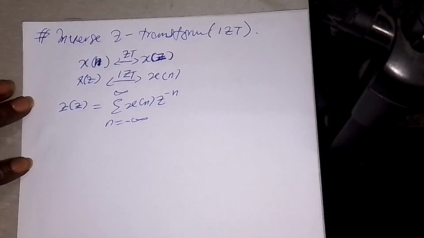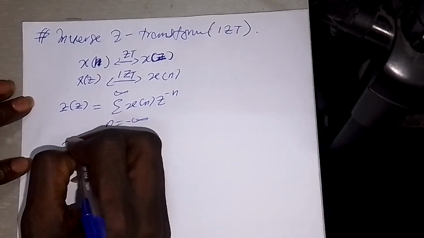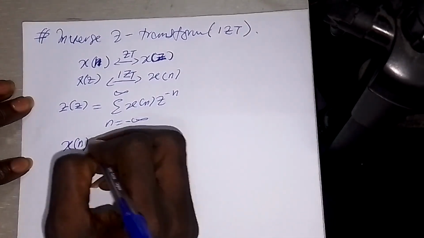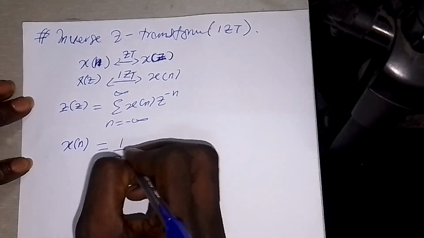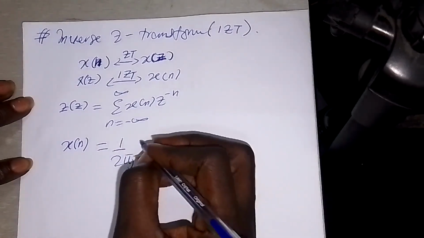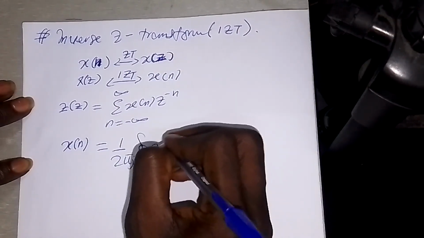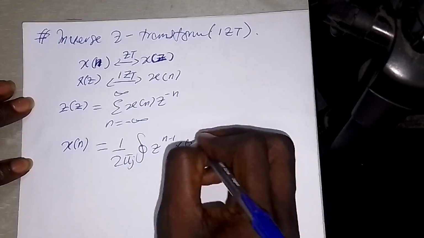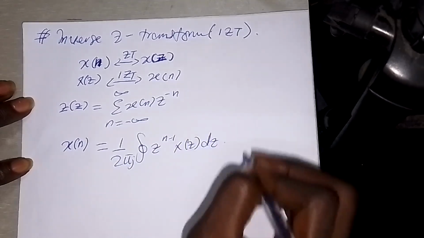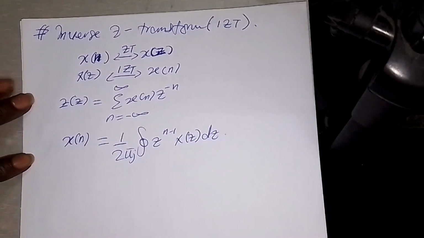Then for the inverse Z transform, we have x of n equals 1 over 2 pi j, into the integral of z exponent n minus 1, into x of z dz. So this is the formula for the inverse Z transform.